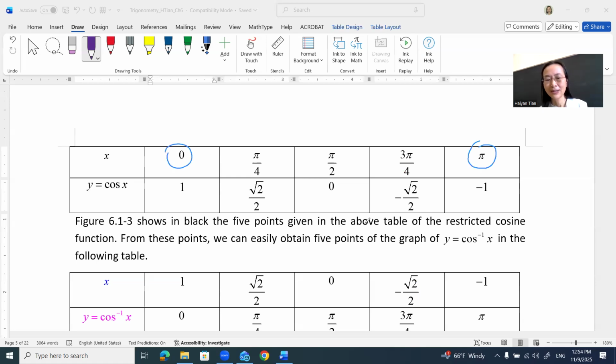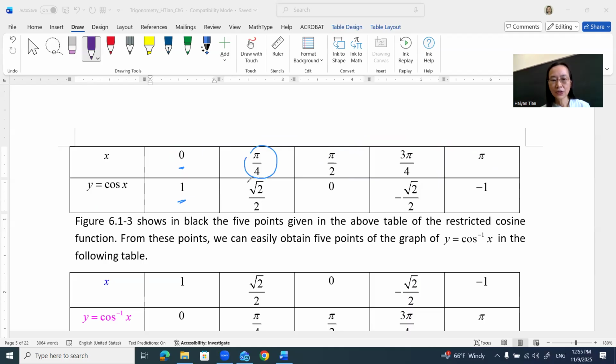We're going to pick several points on this interval: half of pi somewhere in the middle, pi over 4 between 0 and half of pi, and 3 pi over 4 between half of pi and pi. We just take different x values on this interval from 0 to pi, and then look at the 5 points of cosine. At 0, the cosine value is 1.